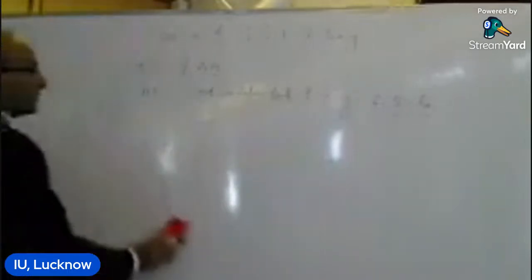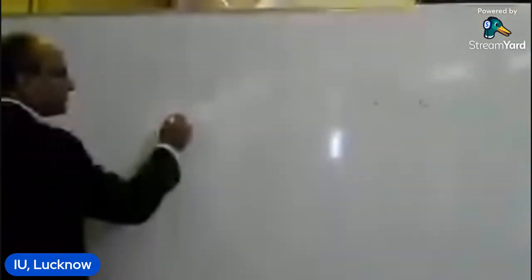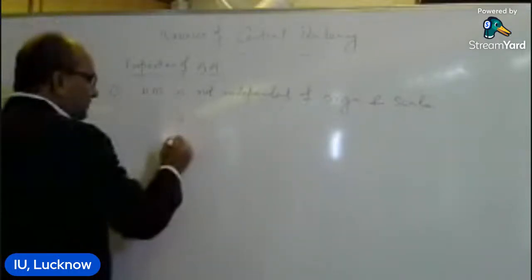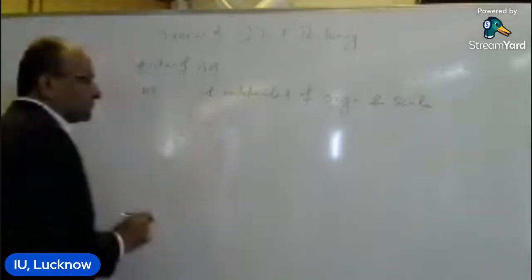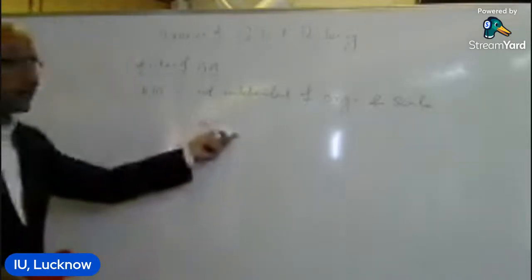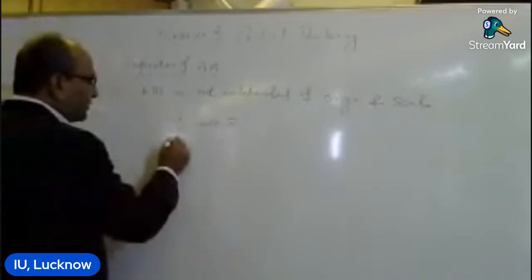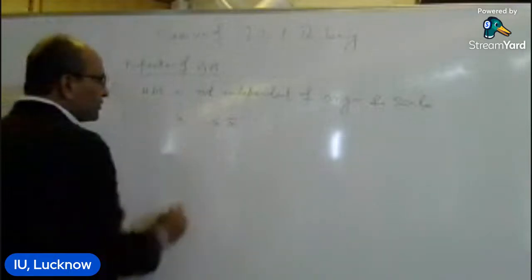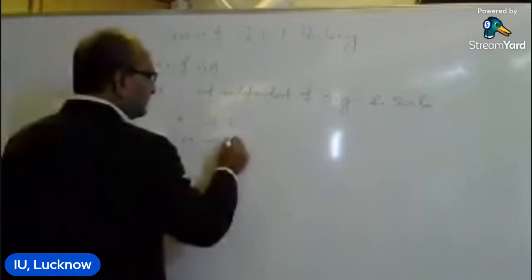Now the concept of origin and scale. Suppose we have a set of observations, x is our variable, and the mean of this is written as x bar. The origin of the observations is x, and the mean of the set of observations is x bar. If we add a constant, say x plus e, the mean will become x bar plus e.